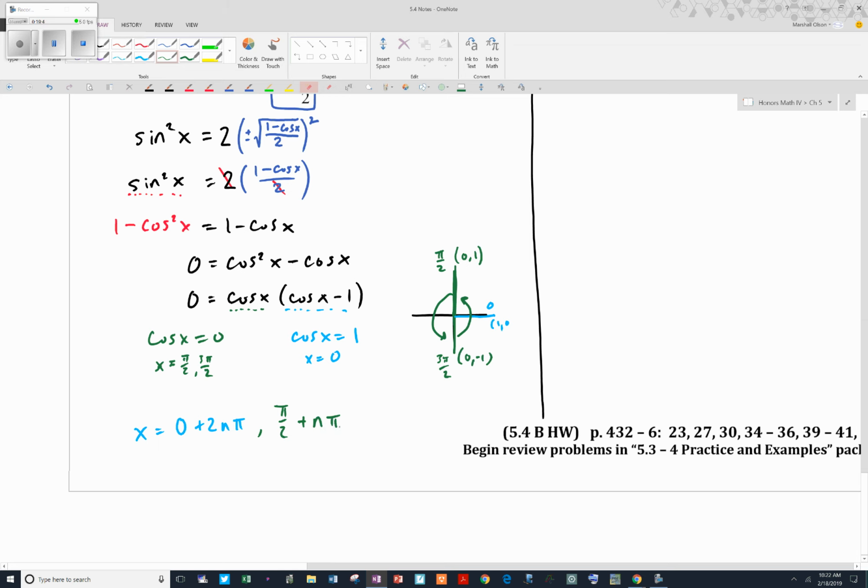That would cover both of those. And then just to simplify this a little bit more, what we could do is get rid of that 0 plus and just say that our solutions are 2n pi and pi over 2 plus n pi. That'd be our solutions there.